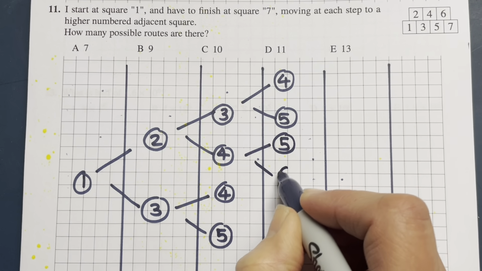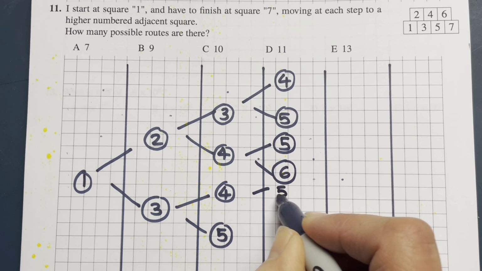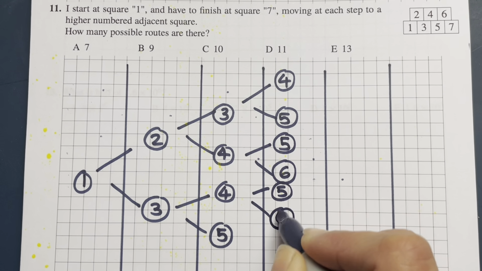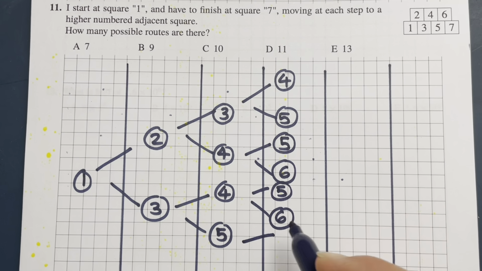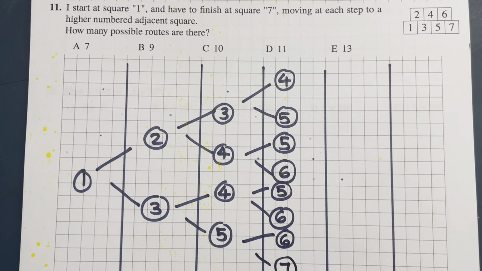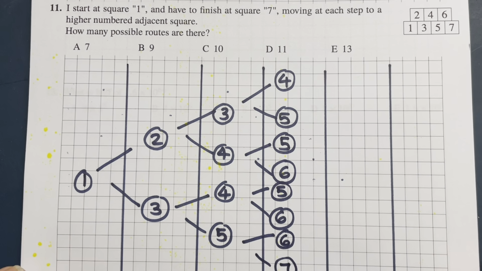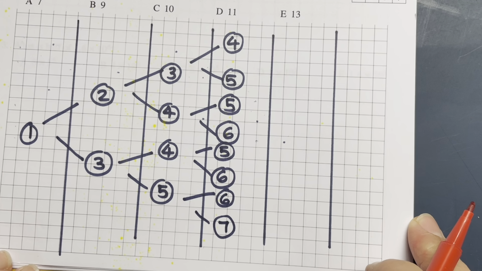From 4, obviously 5 or 6. I think I'm going to need a smaller pen, and I can go to 6 or 7. Let's keep going. I'm just going to use a slightly smaller pen so you can see.